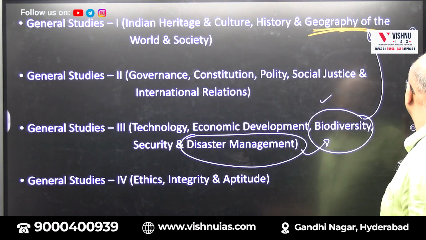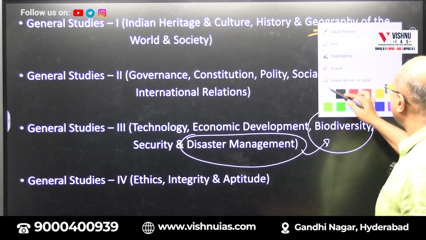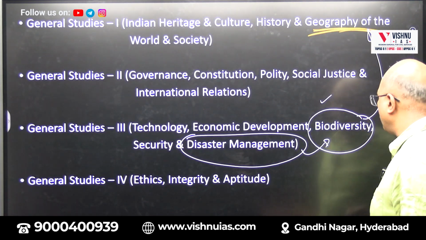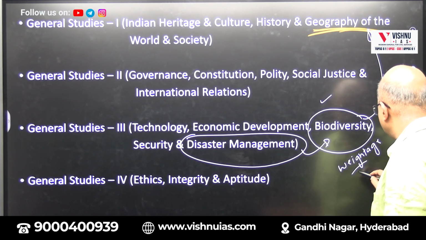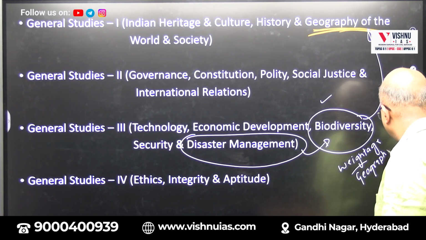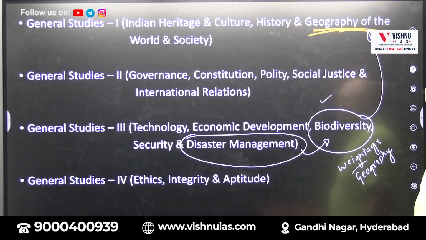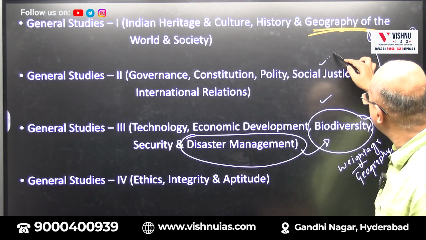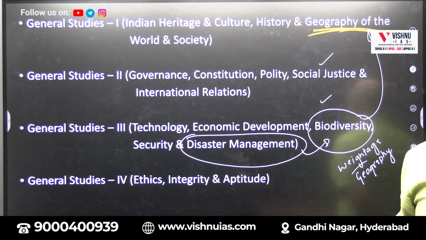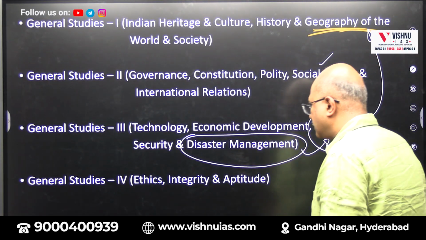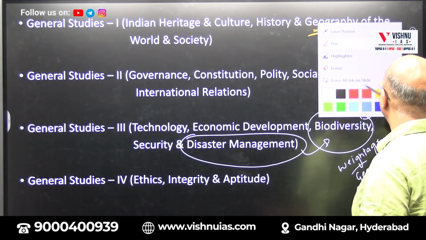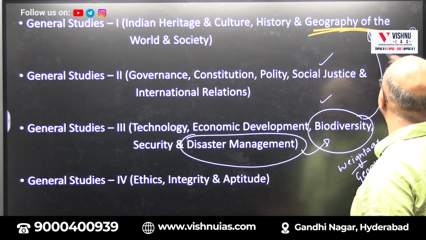If you combine all these things, there is a huge amount of weightage when it comes to geography. Sometimes in social issues also we find certain aspects of geography. So these are the subjects seen in GS1, GS2, GS3 and GS4.